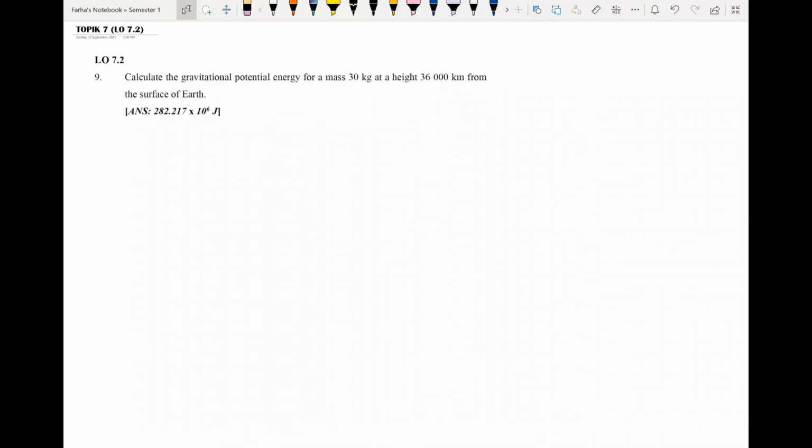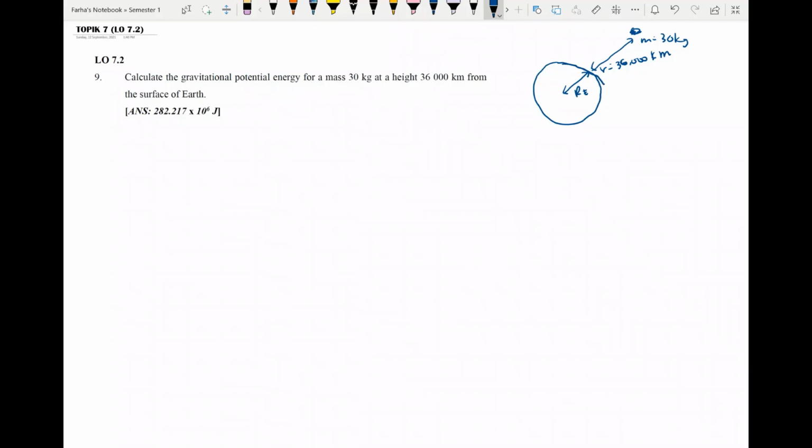Okay, so this one, if I draw the diagram, here is the radius of Earth, then the object of mass 30 kg, and the distance is 36,000 km from the surface of the Earth.